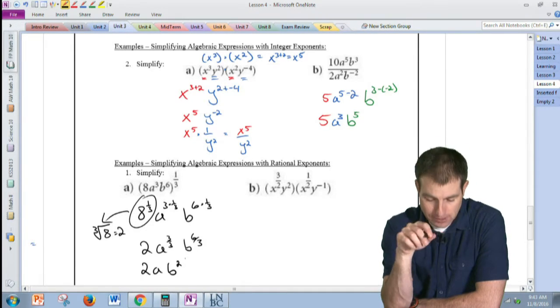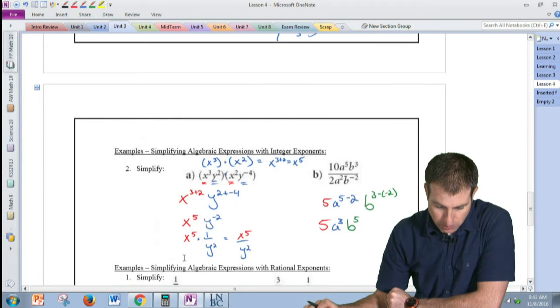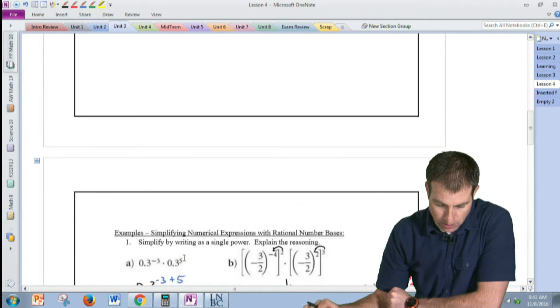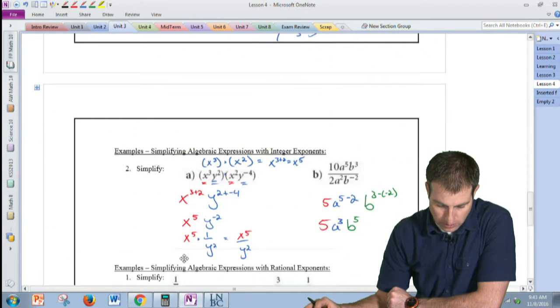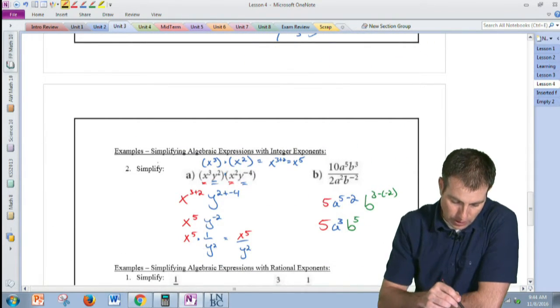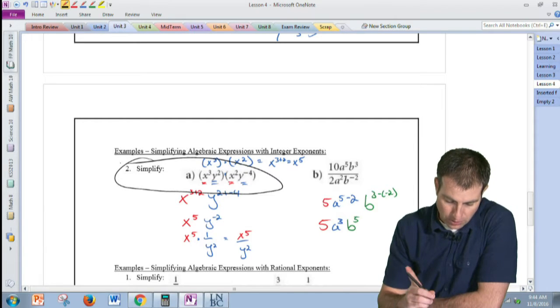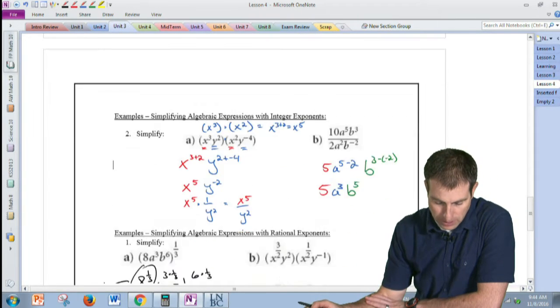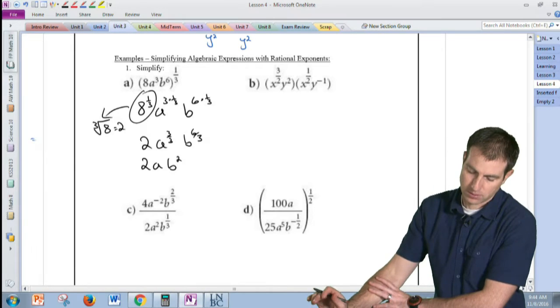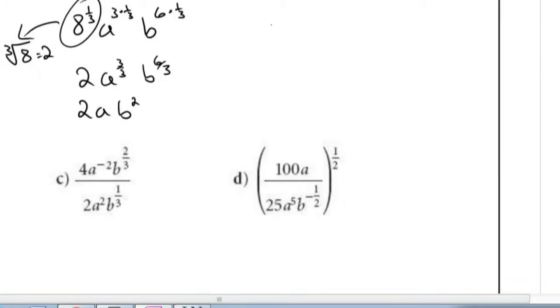This next one is almost identical to the question that we did up above. This guy here, 2a. X to the 3, y to the 2, x squared, y to the negative 4. All I did was I added my exponents with the same base. That's what I'm going to do here. 3 over 2 plus 1 over 2 for my x, and my y is going to be 2 plus negative 1.